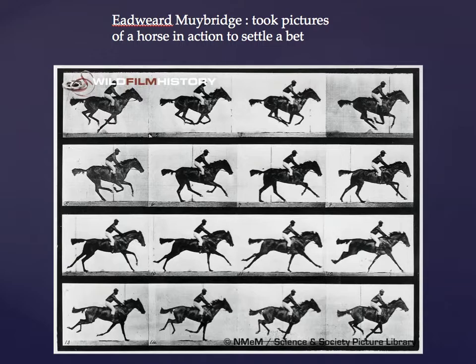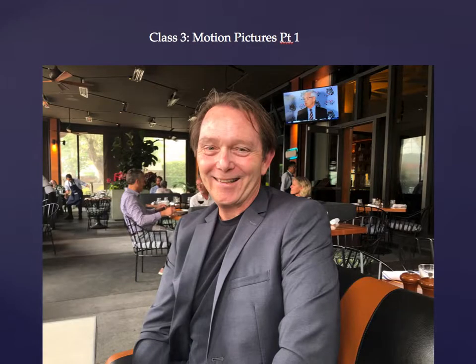So anyway, Eadweard Muybridge took pictures to settle a bet. The bet was, does a horse have all 4 of its legs off the ground in full gallop? That's why I took that slide off, because you can tell.